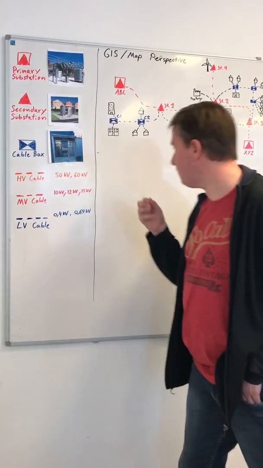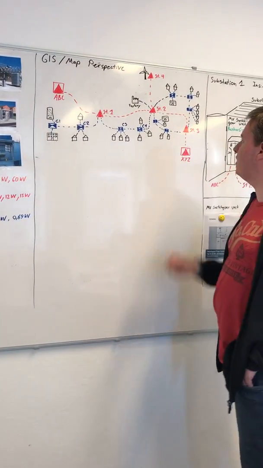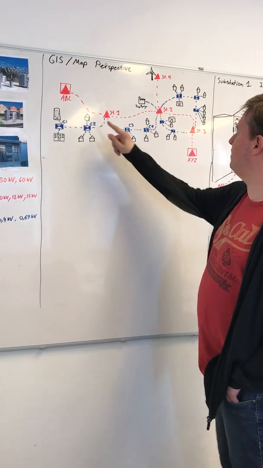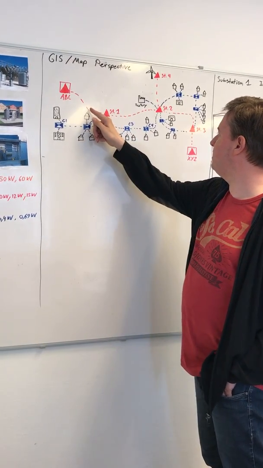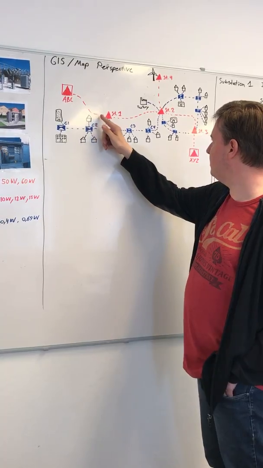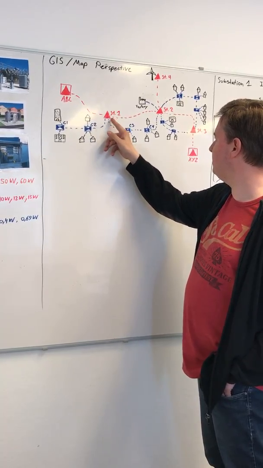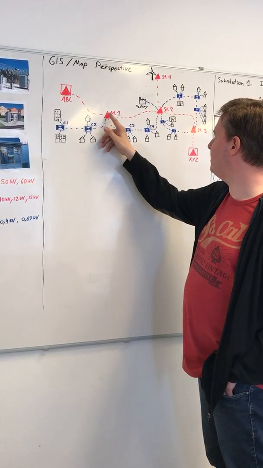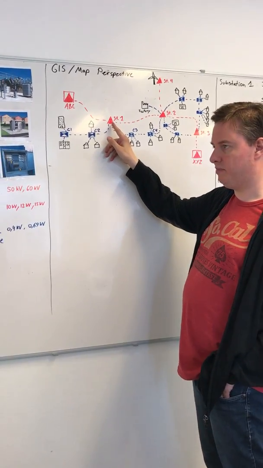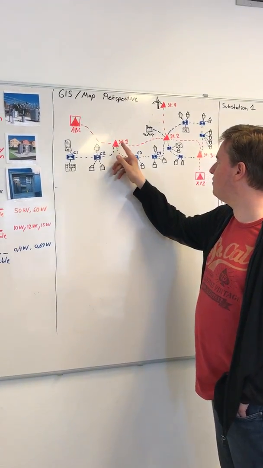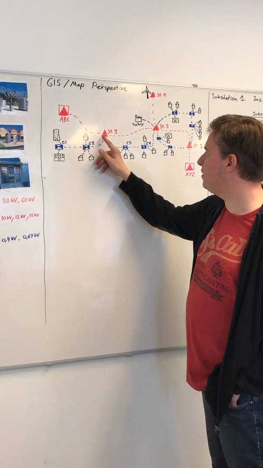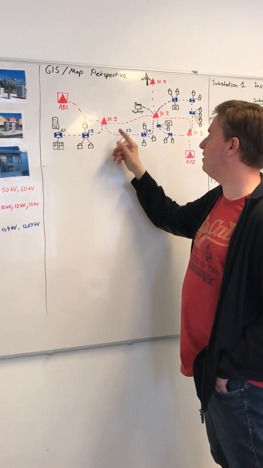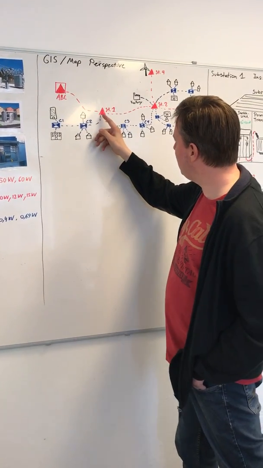So if we take the picture here again, the medium voltage power comes into this secondary substation, and inside it there will be what we call a power transformer that will transform the voltage from medium voltage to low voltage, for example from 10 kV, 10,000 volts, to 400 volts.